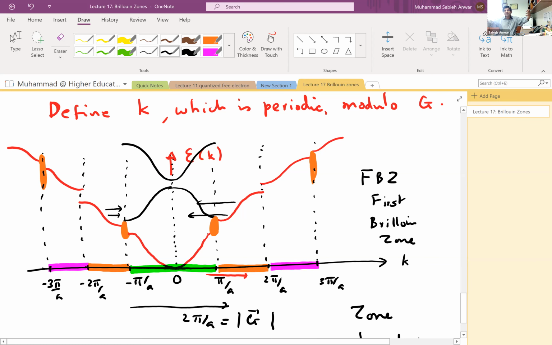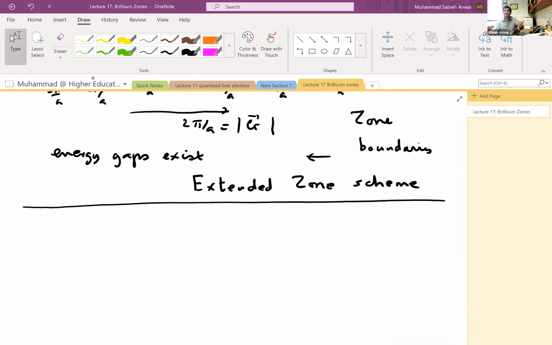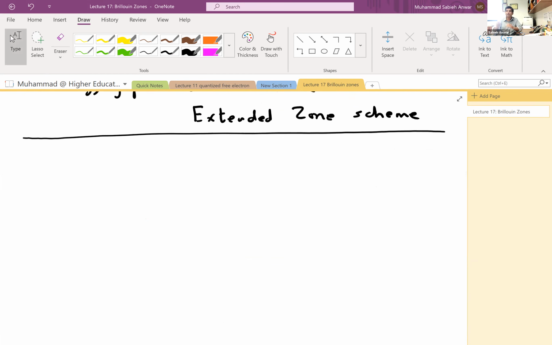So I can stitch back all the dispersion relationship curves that are further out in the higher Brillouin zones, and bring them back into the first Brillouin zone without any loss of physics, because the choice of k is arbitrary modulo 2 pi over a. So if I were to draw this new diagram, I just need to focus my attention on what's going to happen in the first Brillouin zone.